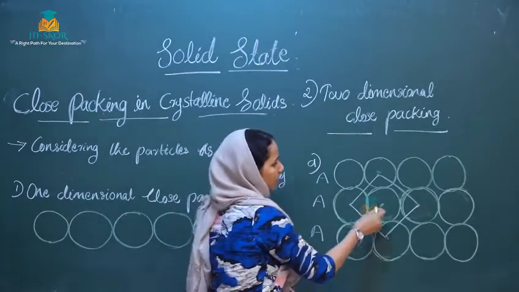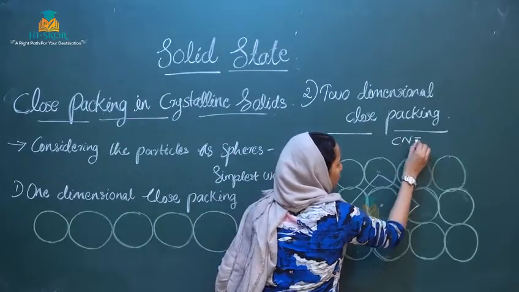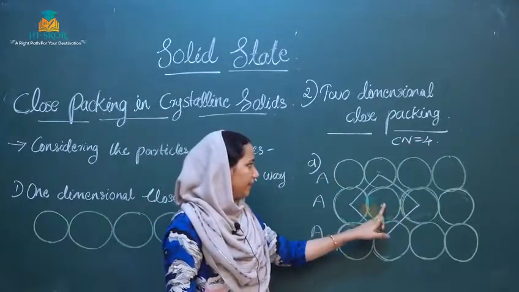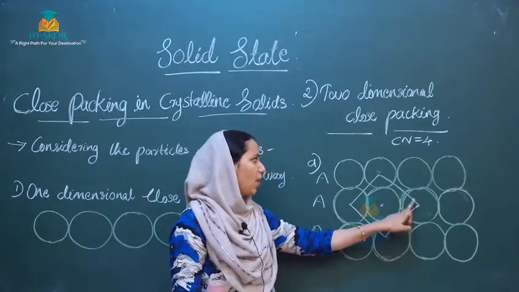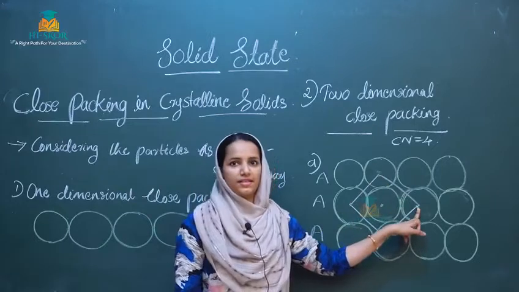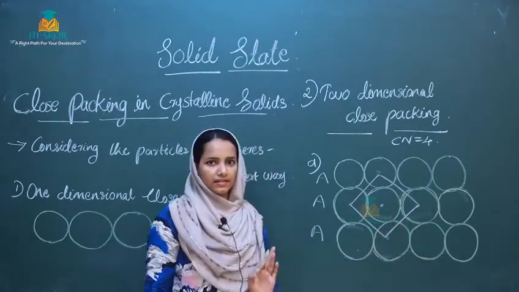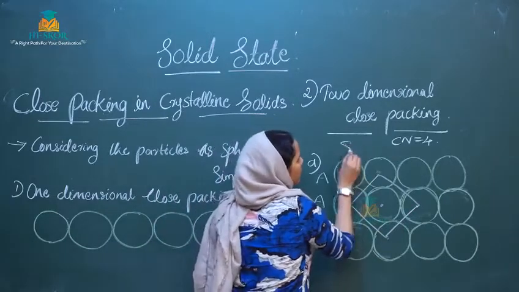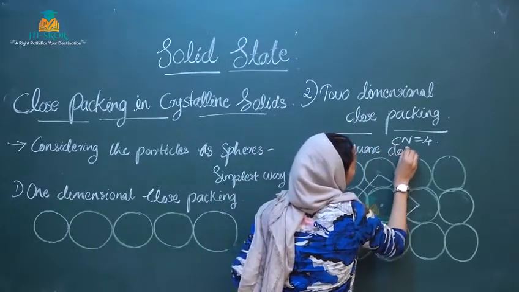So here the coordination number is 4. When you join the centers of these neighboring spheres, we get a square-like structure. That is why this type of packing is called square close packing.